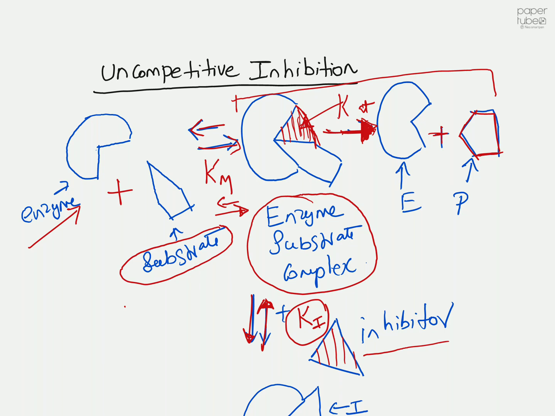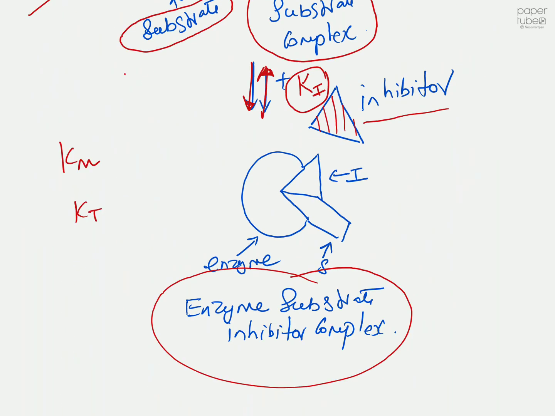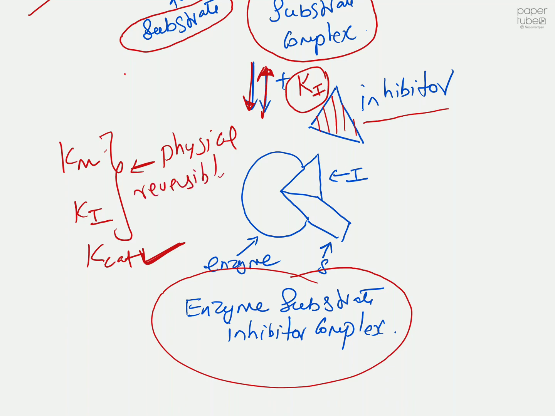So we have Km, Ki, K-catalytic. These two are equilibrium constants. This is the rate constant. These two are associated with a purely physical, reversible process. K-catalytic is the rate constant that corresponds to the slowest reaction, and it is a chemical reaction, completely irreversible. So keep these things in mind.